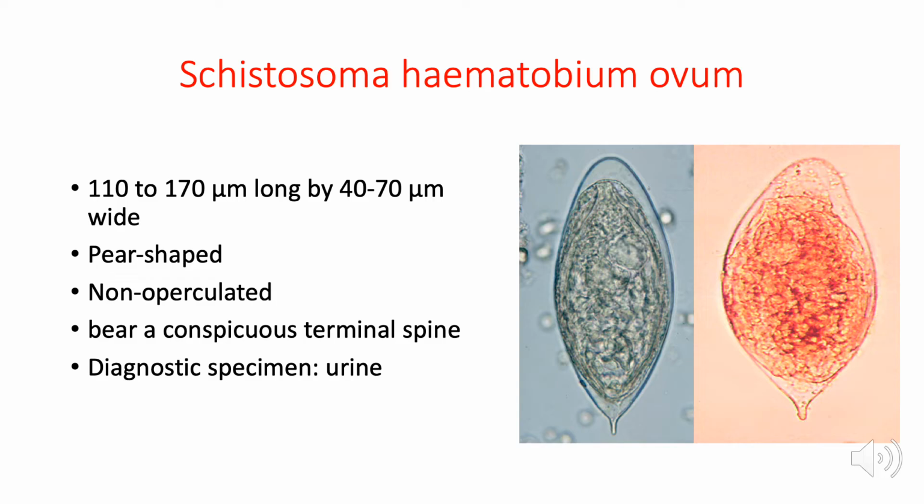So, in Schistosoma mansoni, you have there a prominent lateral spine. In the ovum of Schistosoma hematobium, you have there a terminal spine. And since the adult stage of Schistosoma hematobium is found in the vesical venous plexuses, expect that the eggs of this parasite will be seen in the urine sample.